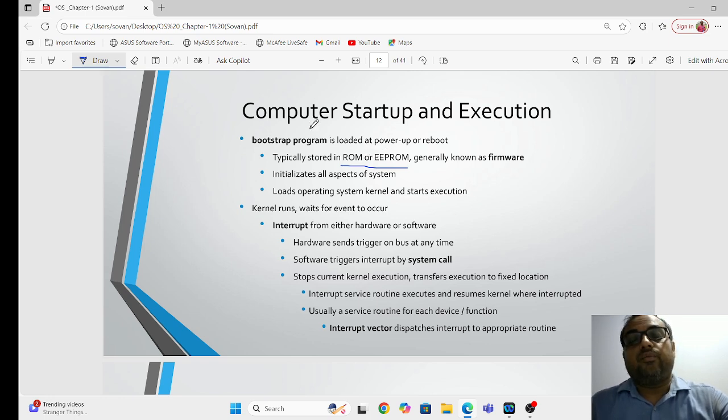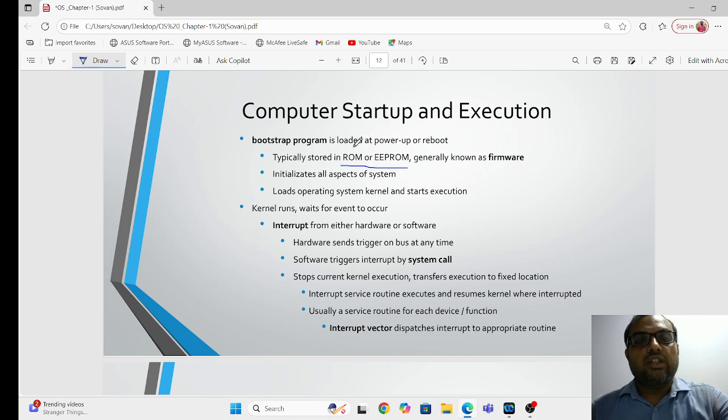If I store the operating system into the main memory, then after every power off the operating system will be erased or deleted, and you would have to reload it before your computer could start up.